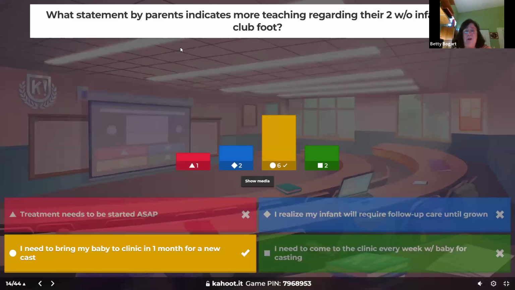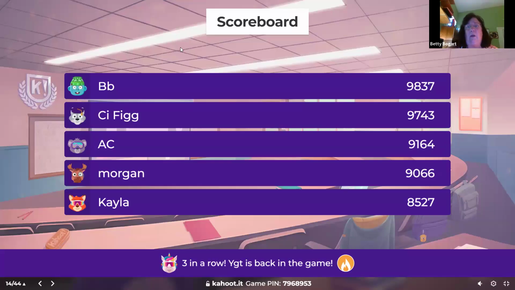We do it every week, okay? And then we're going to need follow up with the podiatrist, the orthopedic guy, to make sure that their feet are still maintaining the same thing. Remember, they heal so quickly. You don't want to wait for a month. And you start treatment as soon as you can, because those first 28 days, they heal really quick.